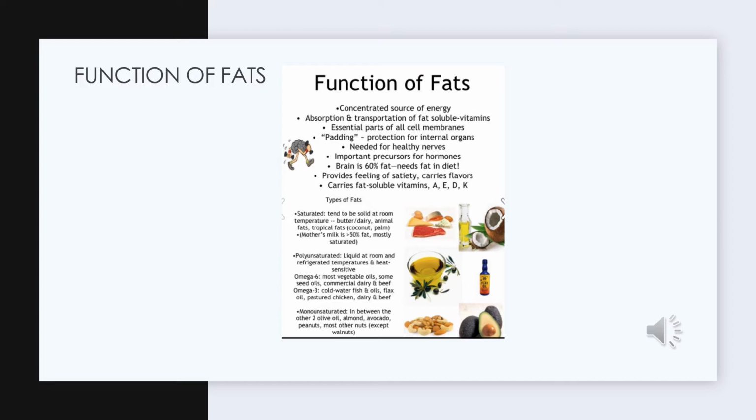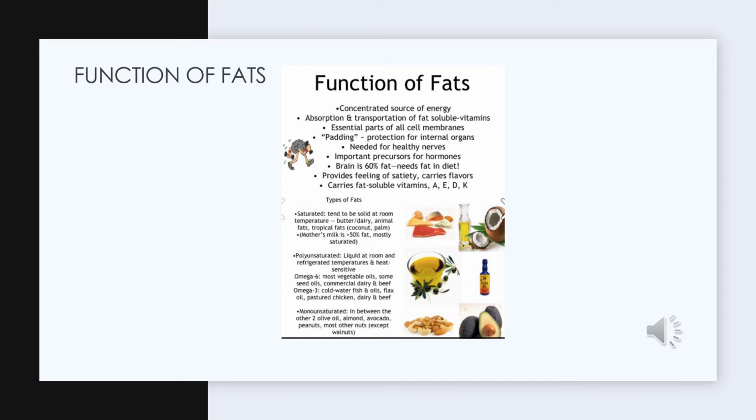So there are a couple of different types of fats. There are saturated fats, which tend to be solid at room temperature. Those are your butter, your dairy, coconut oil, palm oil, and some of your other harder substances. Your polyunsaturated fats are liquid at room temperature, and they are heat sensitive.